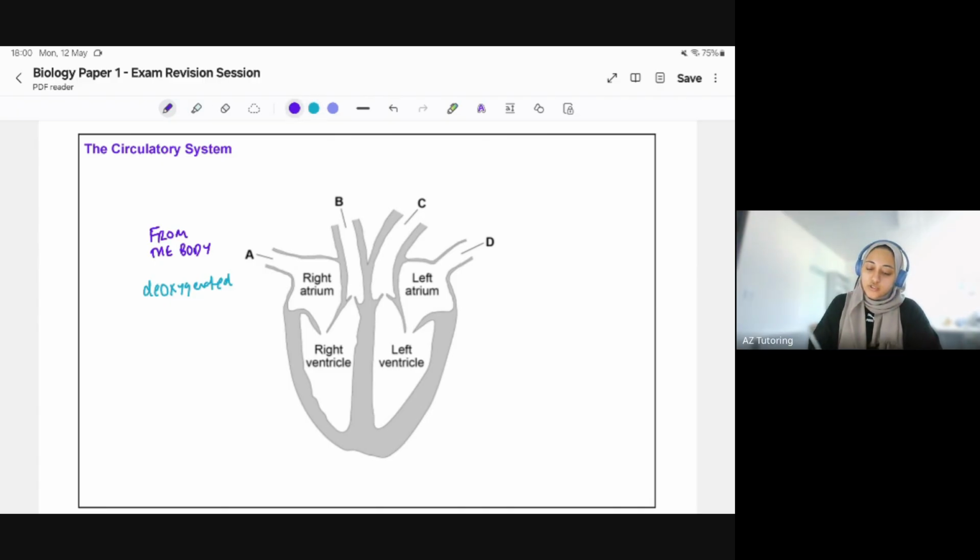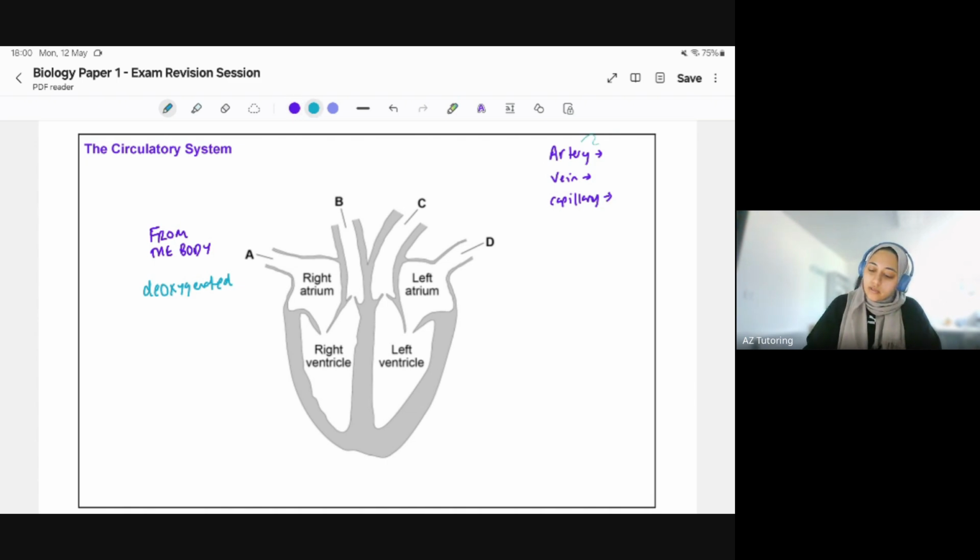One thing I want to mention just before going into the blood vessels, remember there's 3 types of blood vessels. You've got artery, you've got a vein, and you've got a capillary. Think of blood vessels like roads in the body. They don't end, they're all joined together. But depending on which direction it's going in depends on whether it's an artery or vein, and the capillary joins the 2 together.